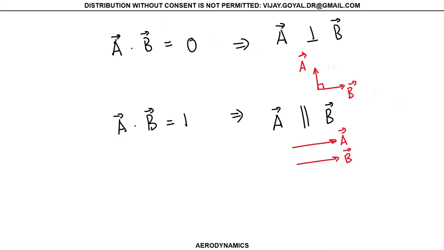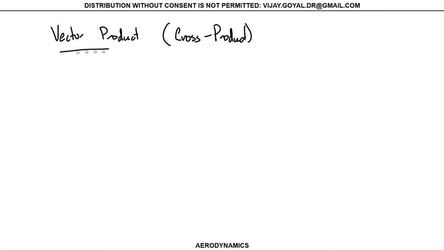Now, the other component that we use very often is called the cross product, or the vector product. A cross product is nothing else than if you use the right-hand rule.